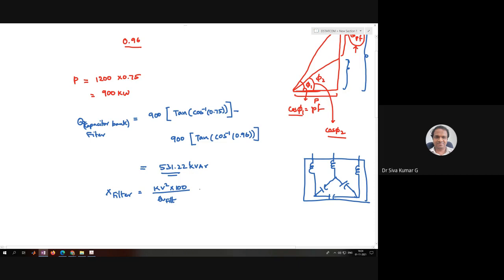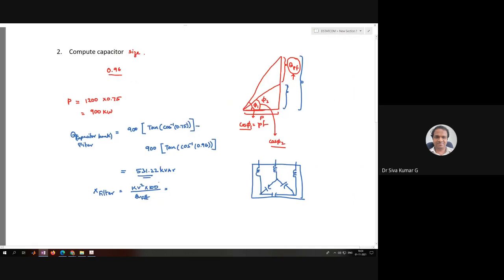The Q filter, which we get here, is 0.4337 ohms. We know that the voltage is 480 volts, right? We can go for 480 square, or just a minute, it is not required for this.